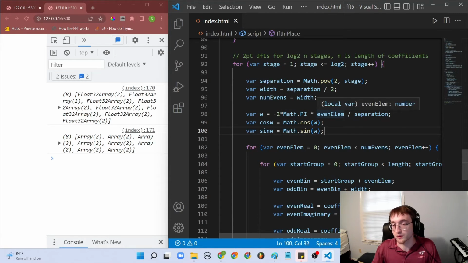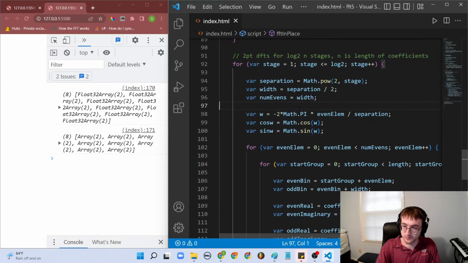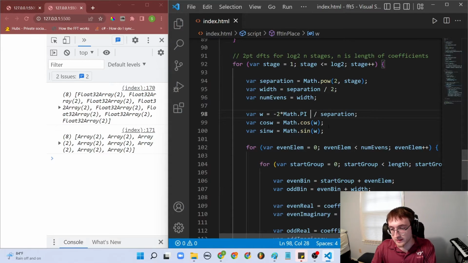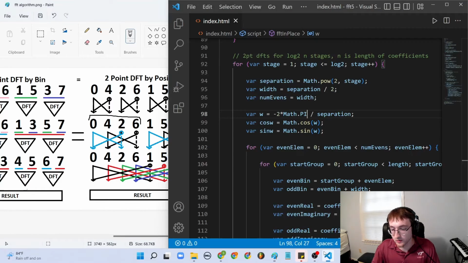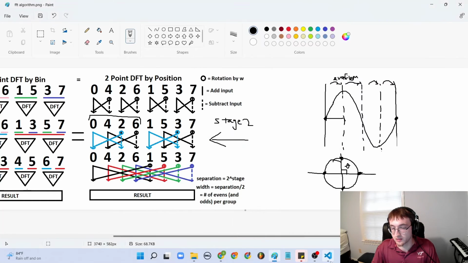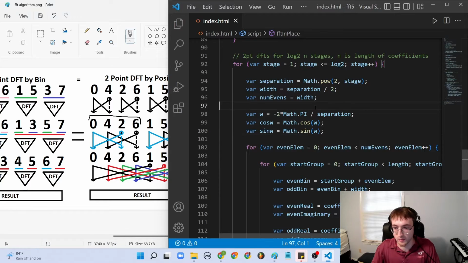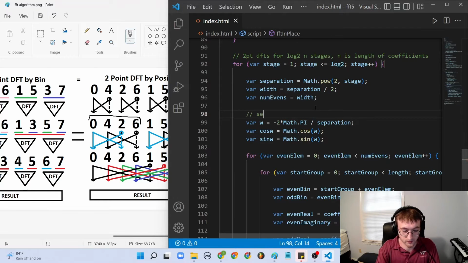But now here's what I'm going to do, right? We don't need this anymore, right? This is equal to, let's take a look at this again. One of these is the difference, which is the same as this, right? Like whatever 2 pi over the separation is. And separation is equal to the group size, remember that. I'll even write that here.